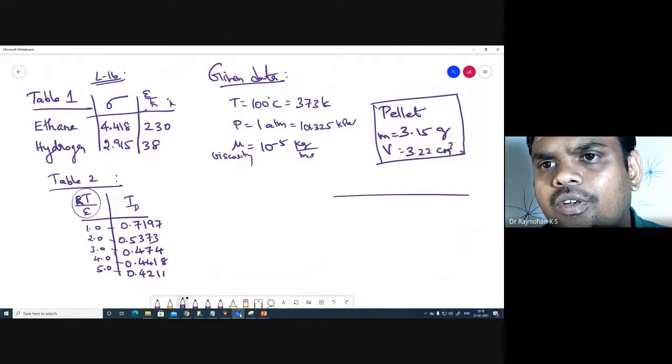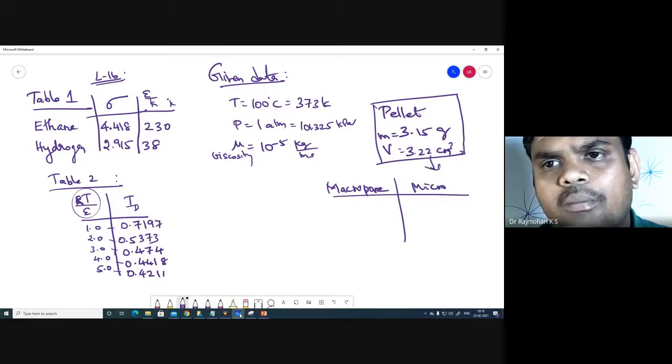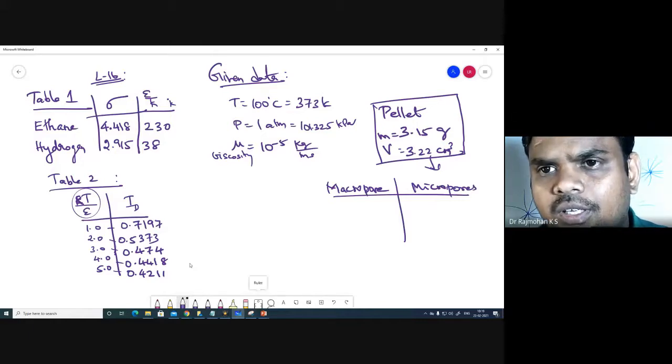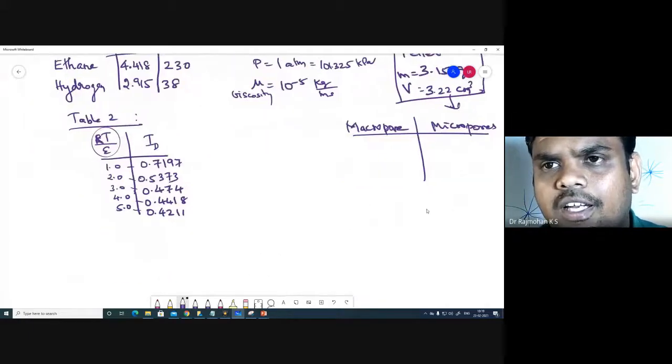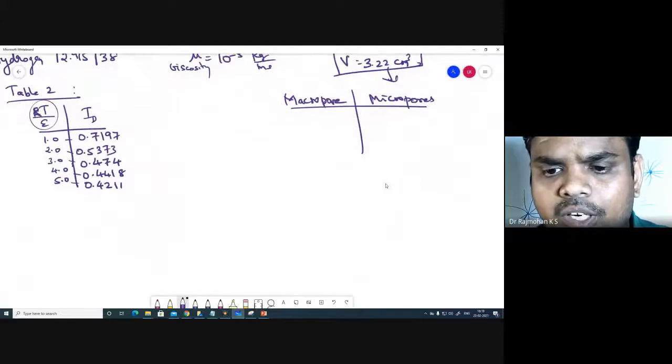Similarly, now we are going to come across macropores and micropores in each pellet. Each pellet contains macropores and micropores. We have to write down the data given for macropore and micropore.